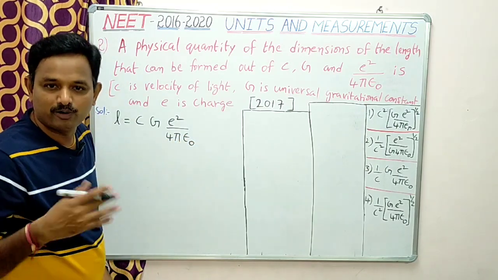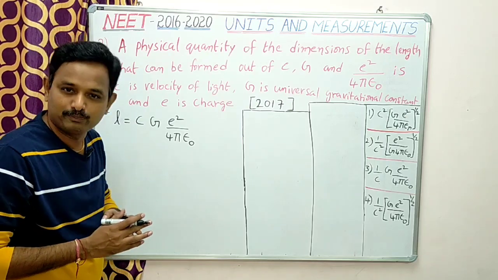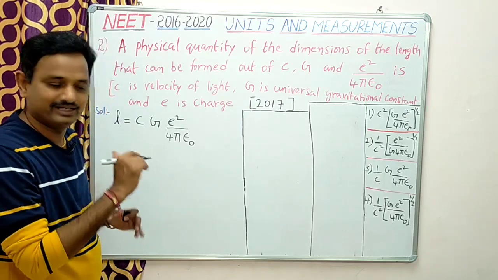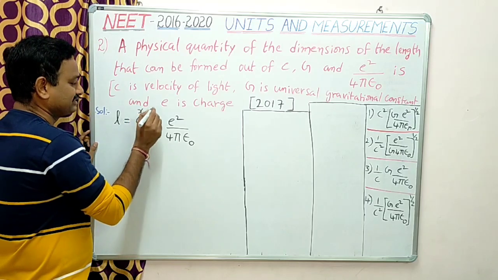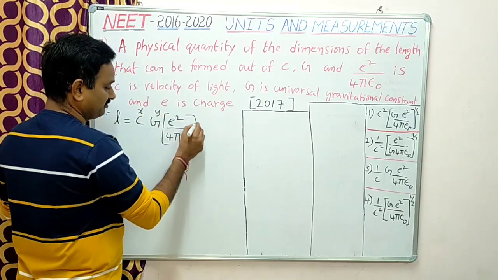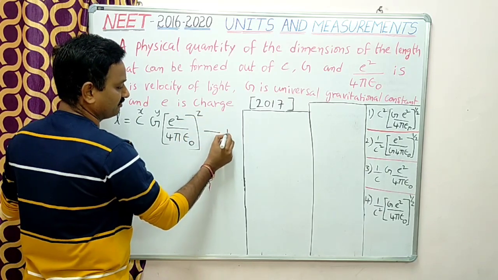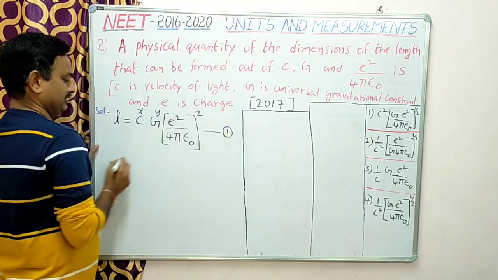Now I will take powers to equate powers on both sides by applying the principle of homogeneity. Look here: c power x, G power y, e square by 4 pi epsilon naught whole power z. It is equation 1.